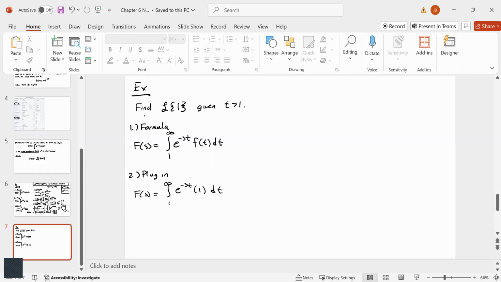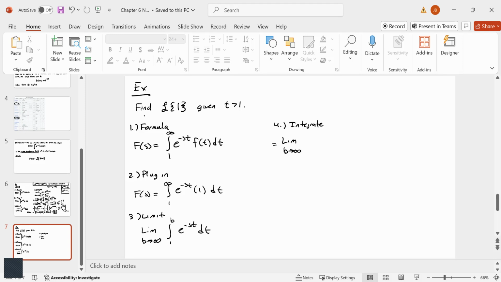And then step 3 would be to do the limit. So the limit as b approaches infinity of 1 to b e to the negative st dt. Step 4 is to integrate. Not an integration by parts. This is just a generic integral.